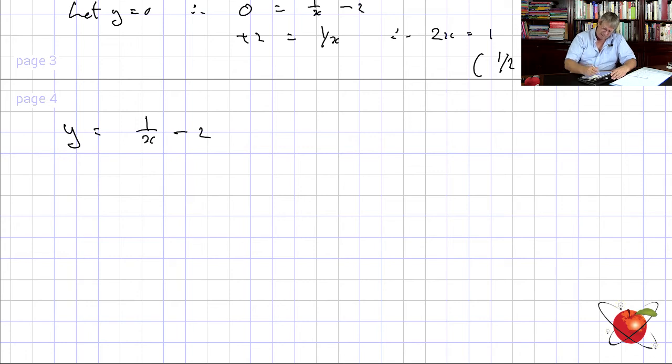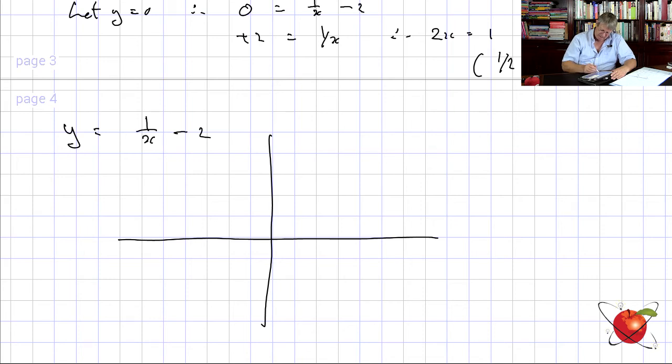We said that we're taking the standard graph and we are moving it down by minus 2. So that is going to be 0 and minus 2. That's that line there.